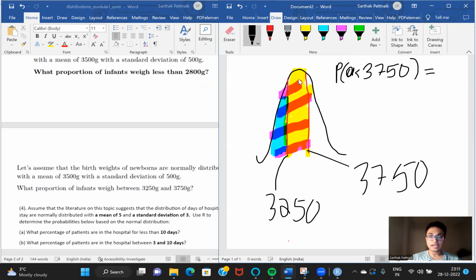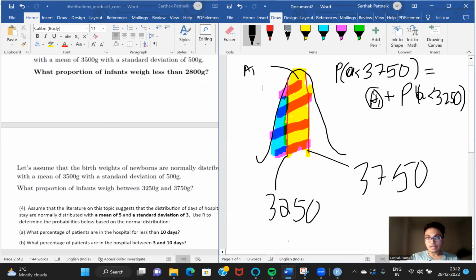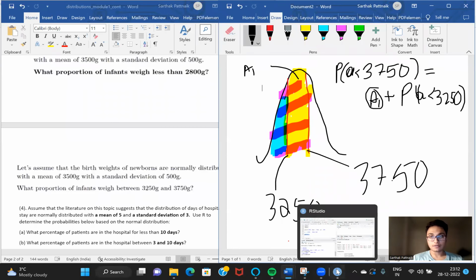If I call my desired area A1, the proportion behind 3750 is nothing but A1 plus the proportion less than 3250. So you just need to subtract this from this to get A1. Let's do that right now in R.